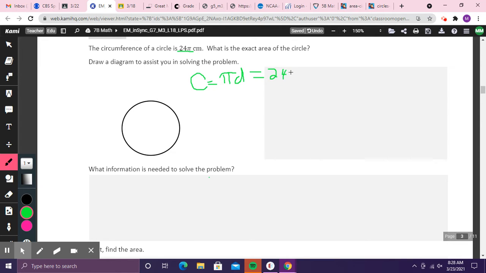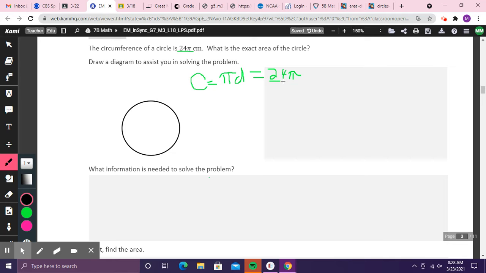Well, pi is pi, right? So what is the 24 then? If pi is pi, and that doesn't change, does it? What is 24 then? That's the diameter, isn't it? Does that make sense? I'm just taking the diameter here and I'm replacing it with 24.